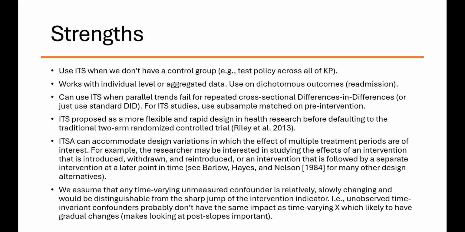We can see how big of a shift. Are we seeing something that may be due to time varying covariates, things that change over time, or are there things that are just consistent about our patients or our hospitals that don't change over time? We can view our slopes post-intervention to see what kind of change we are looking at.